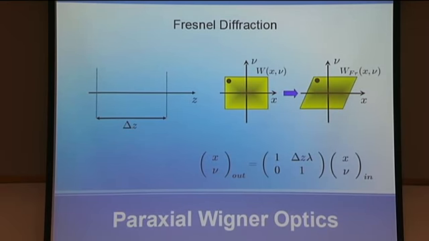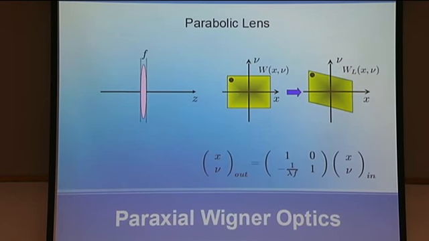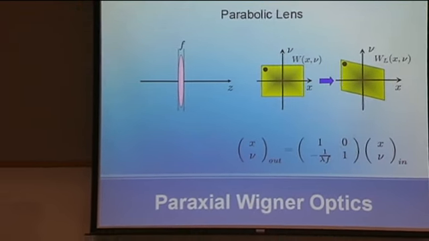And this should not come as a surprise. The Fresnel diffraction, so that means paraxial light propagation, is described in exactly the same way as before. So there is no change. We can use ray optics in phase space to describe how the Wigner distribution function is changing. This is not something that should be surprising. It is a consequence of the way we constructed this phase space. But it's nevertheless nice to know that this is working.